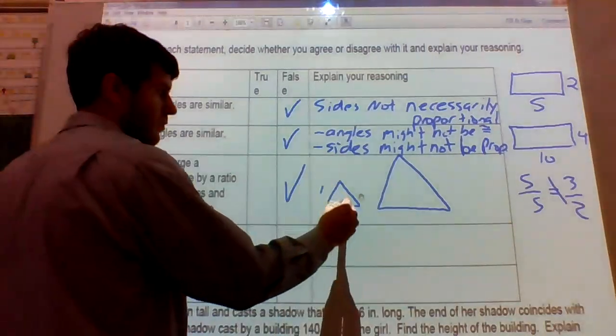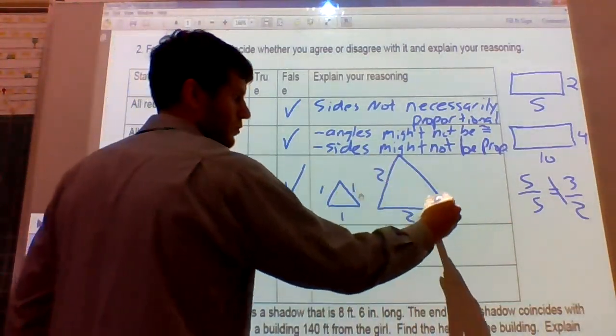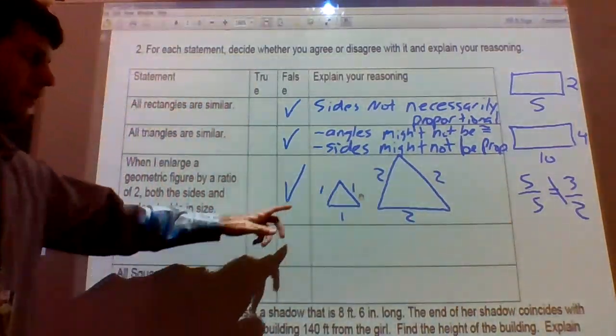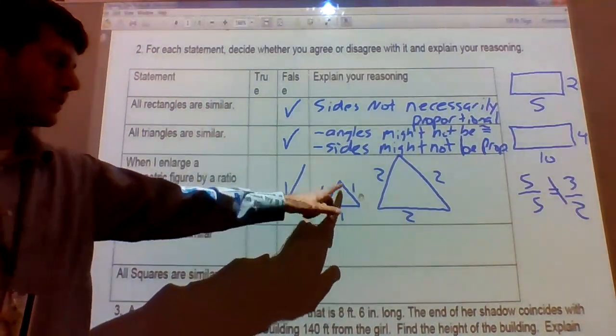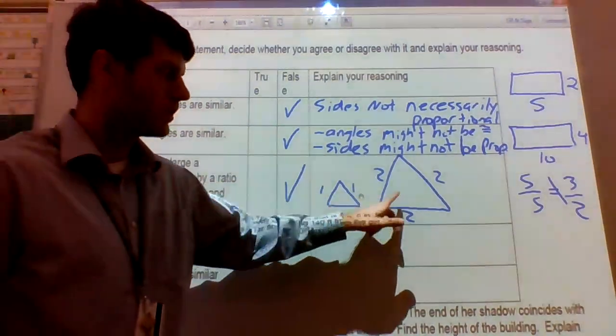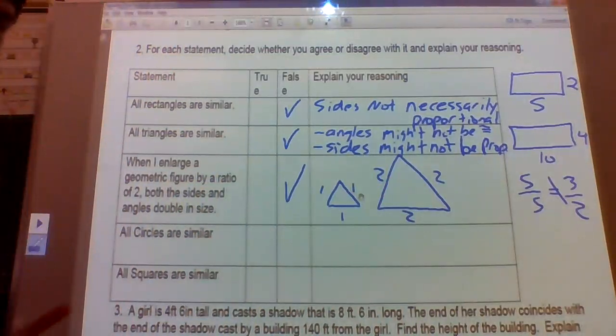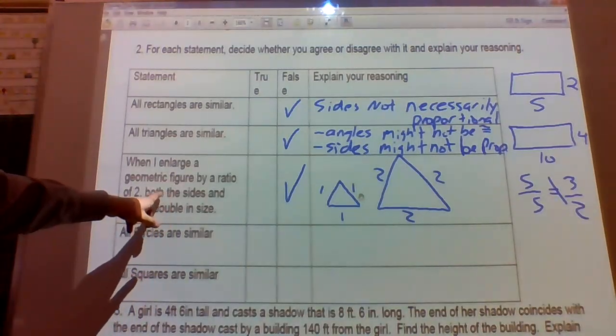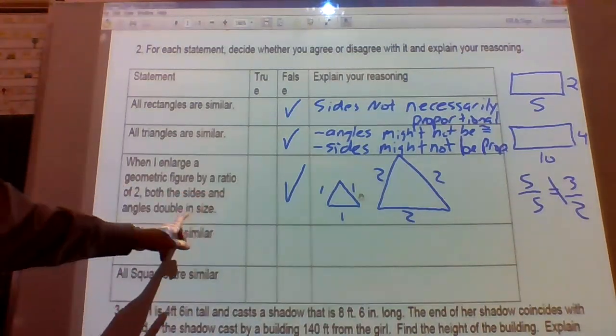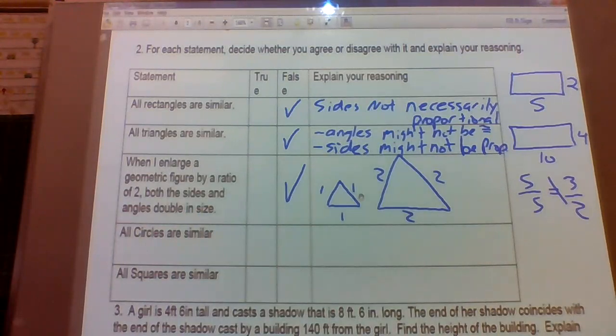So if we had sides of 1, 1, 1, it would become 2, 2, 2. Problem though, if this is an equilateral triangle, that's 60, 60, 60. The angles here are still going to be 60, 60, 60. It doesn't matter how big you make the triangle, those angles are all going to still add up to 180. So by doubling the size, we're making the sides bigger, but we're not doubling the angles. The angles are staying the same. They're not changing.